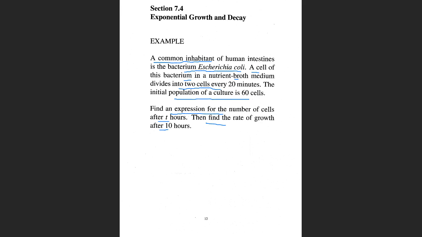Okay, so does anybody need a little more time to copy the example, or are we good? Can we move forward?